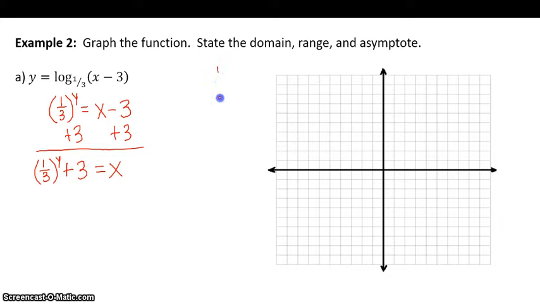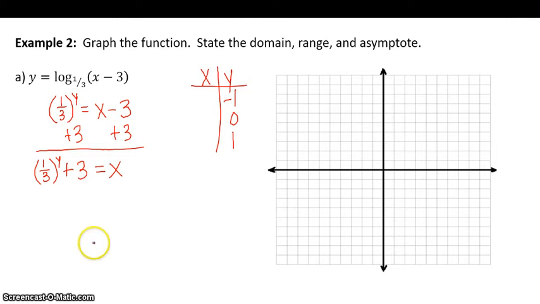Now I'm going to make a table. Remember, you're going to pick values for y to plug in, and I'm still going to do -1, 0, and 1. You can do something different if you'd like. Then I'm going to plug in each of these.